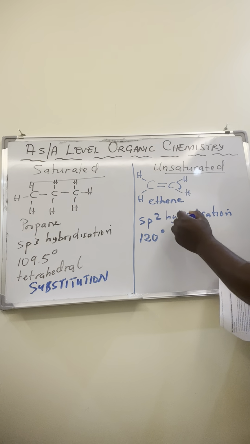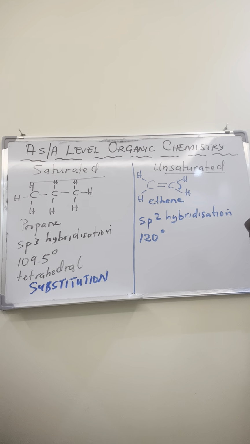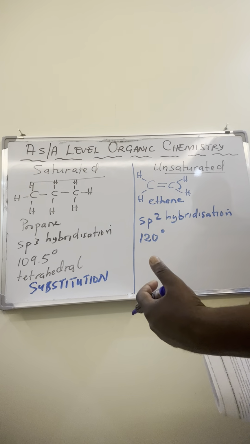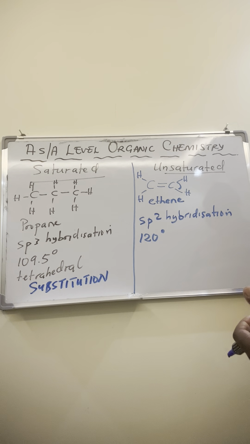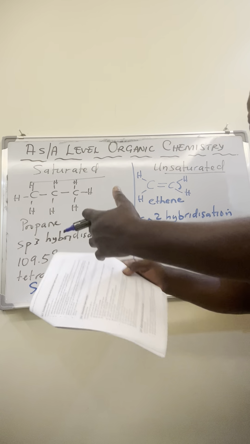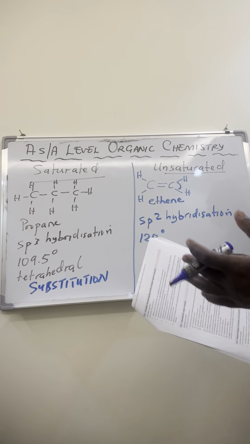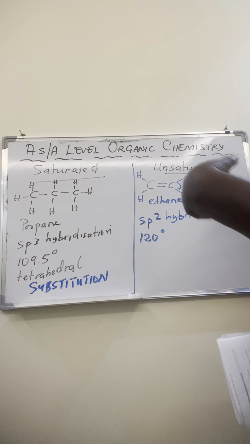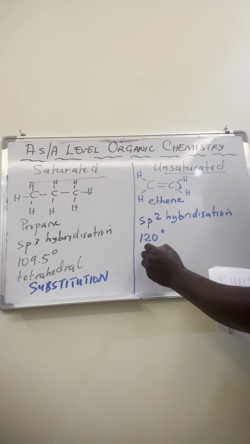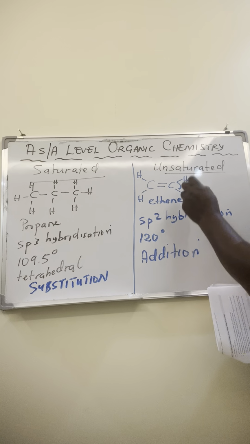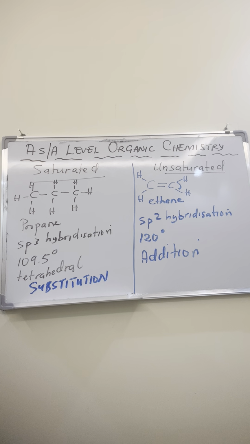And also, because they are unsaturated, carbon is still in a position to accommodate more atoms around it. We don't have to perform substitution because it's unsaturated. It has not yet reached its maximum number of atoms around it. So we still have room for adding more atoms. Because of that, these molecules undergo what we call addition reactions.